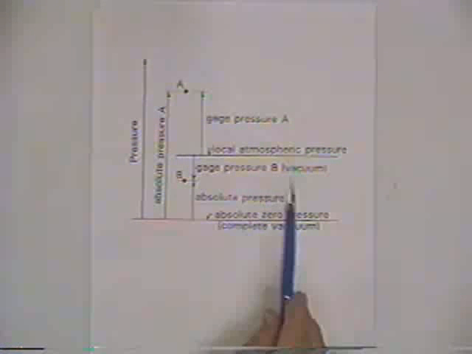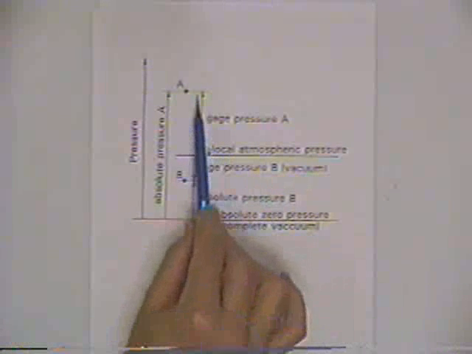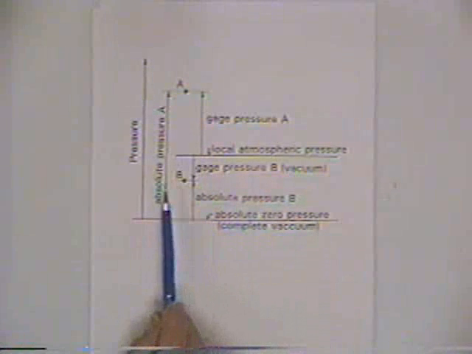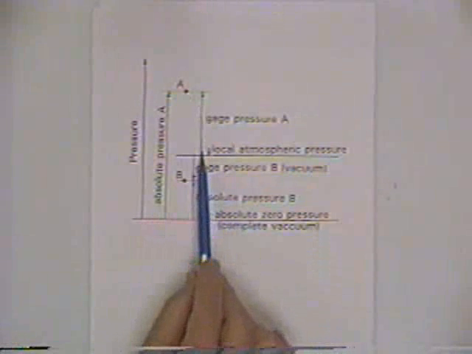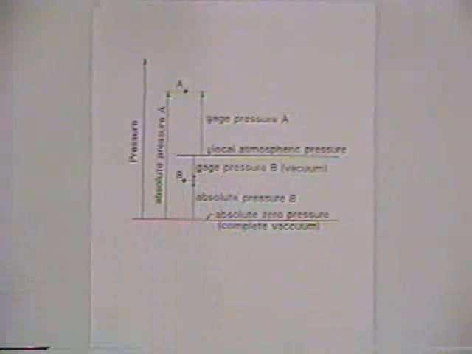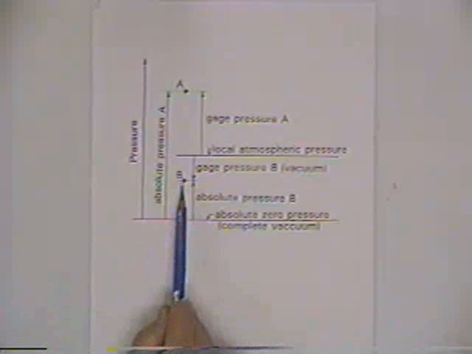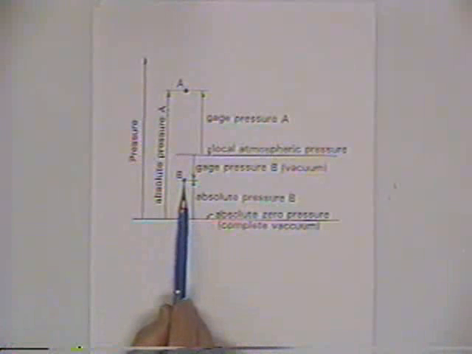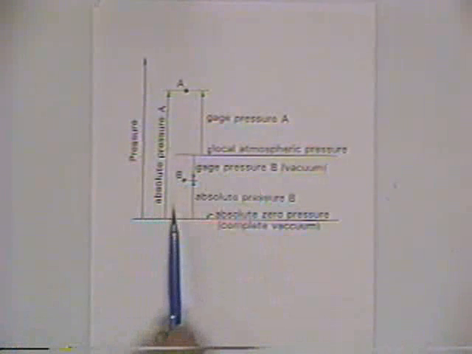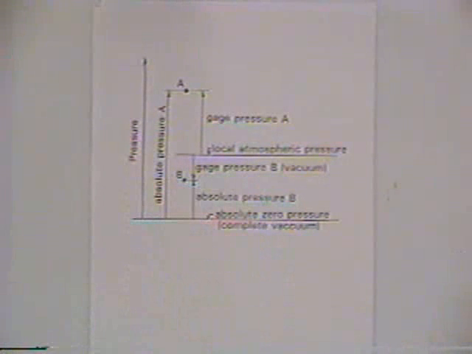And so the gauge pressure is just the pressure over and above the atmospheric pressure. So for the absolute pressure, you'd have to add the gauge pressure to the local atmospheric pressure to get the total absolute pressure. And of course, you could have a pressure B here, a pressure in newtons per square meter that's less than the atmospheric pressure, and so you've got a negative gauge pressure, which is typically called a vacuum.